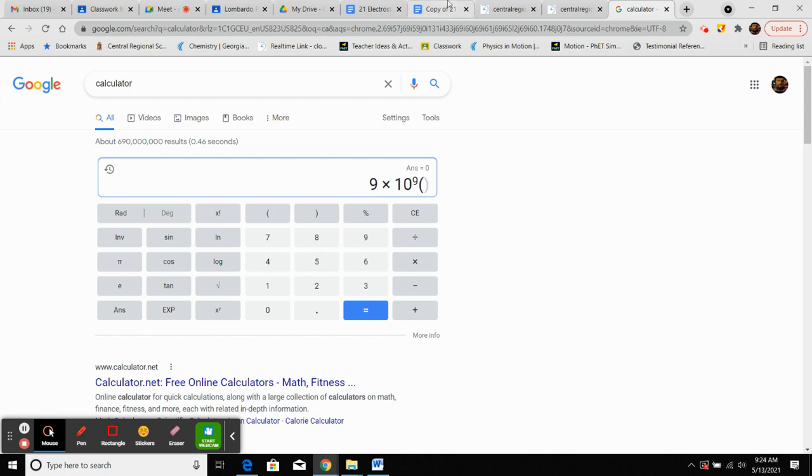Times, what was our first number? 5 times 10 to the negative 8. So 5 times 10, exponent, negative 8, close parenthesis, next, and then it's 1 times 10 to the negative 7th, close parentheses. That's on top. And then I'm going to divide that all out by 5 squared. Okay, and I'm going to get an answer of 0.000018. So, that'd be awesome if I can copy it.